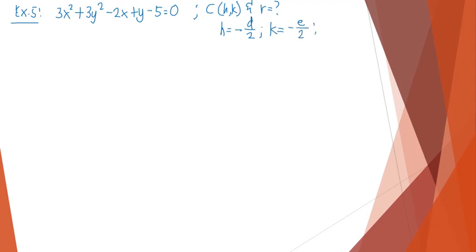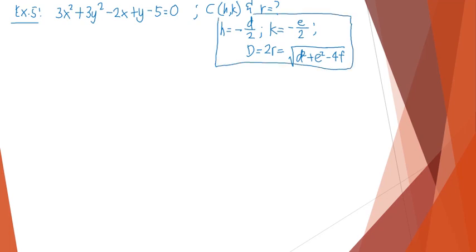Then for the radius, or I think that is the diameter, the diameter, or 2r, is equal to the square root of d squared plus e squared minus 4f. So those are the formulas for us to directly identify the coordinates of the center and the radius r.